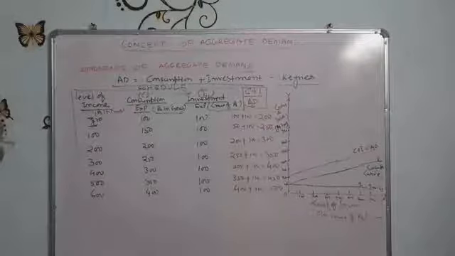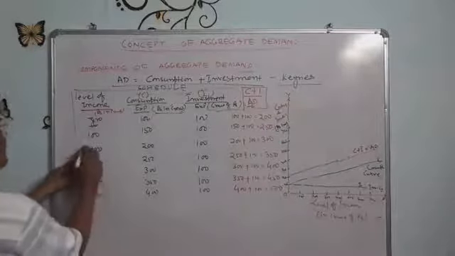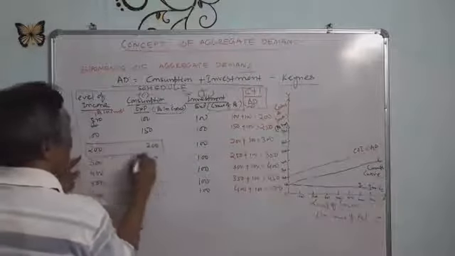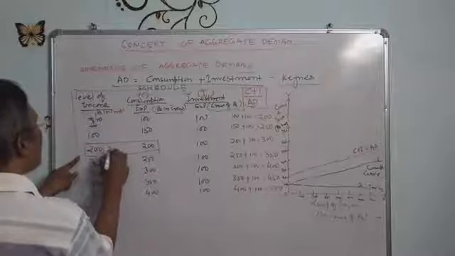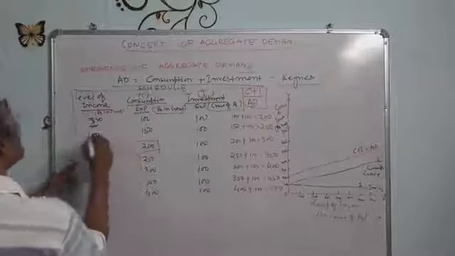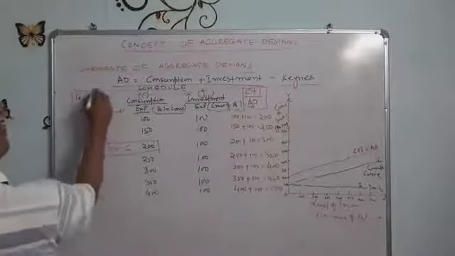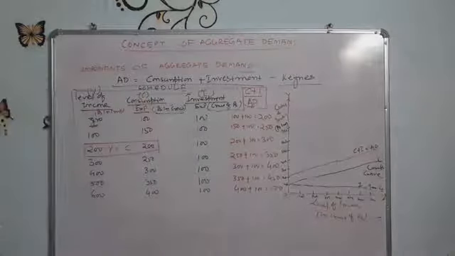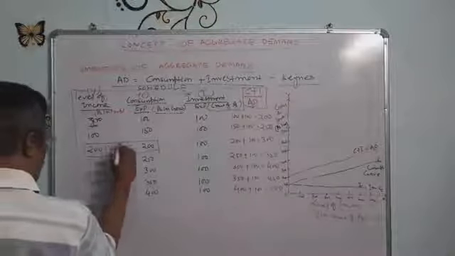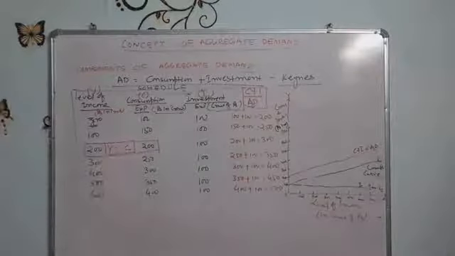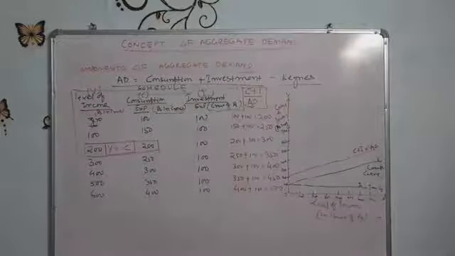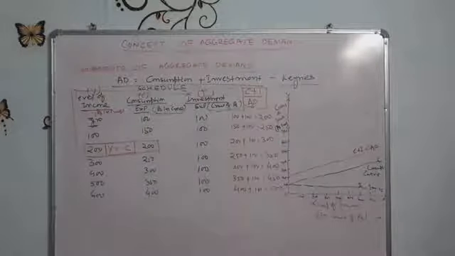See, at the 200 level of income, Y equals C. Here Y is the level of income, this is C, and this is I. So in the case of 200 crores rupees, the level of income equals the level of consumption, 200 crores rupees equals 200.